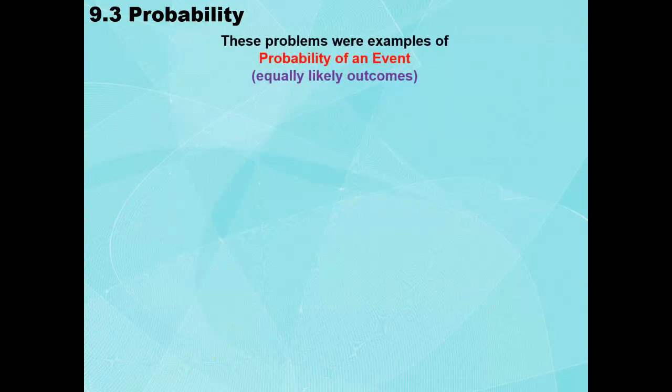These are examples of probabilities of events that are equally likely. When you're tossing a coin, or picking one card from a deck, there's only one of each card. There are 4 queens, 4 kings, 4 jacks, 4 nines, and all of those events are equally likely.